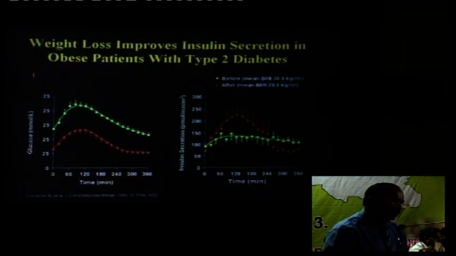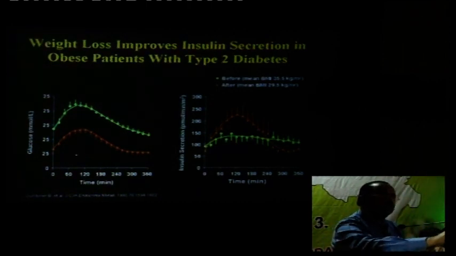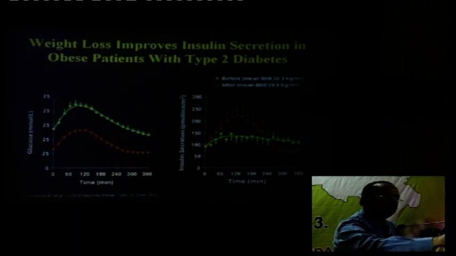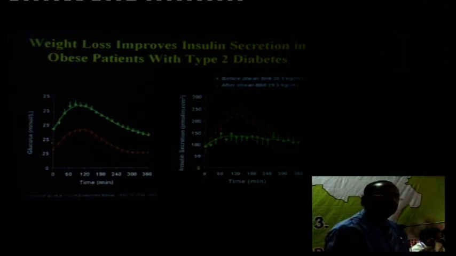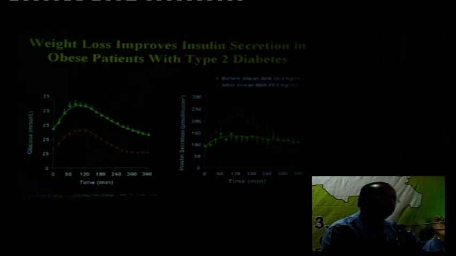Weight loss. If you have weight loss, look at the first panel. The green is the glucose level on the first panel. The green is showing before weight loss, and the orange or the brown one is after weight loss. Before, the BMI was about 35, and after the BMI is around 29.5.